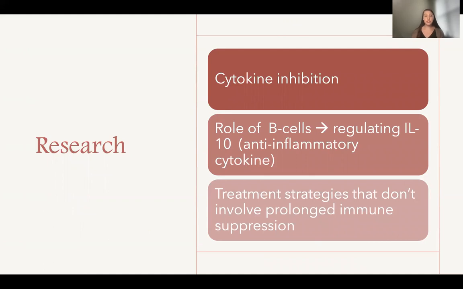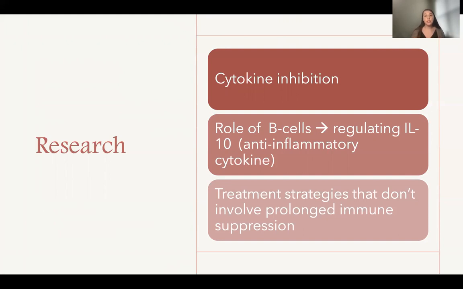Current research is looking into inhibiting some of the cytokines I mentioned, such as IL-17 and IL-22, to use these for medications to treat psoriasis. Also, as I mentioned, psoriasis has mainly been investigated as a T cell disorder, and the role of B cells in this immune response is somewhat unclear.